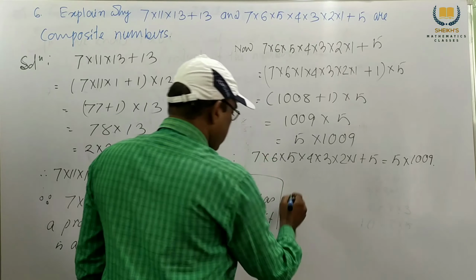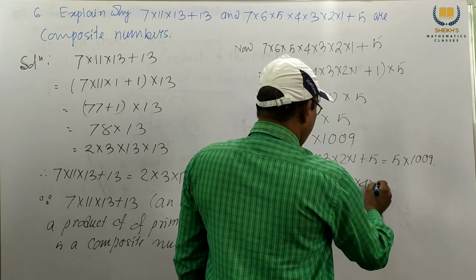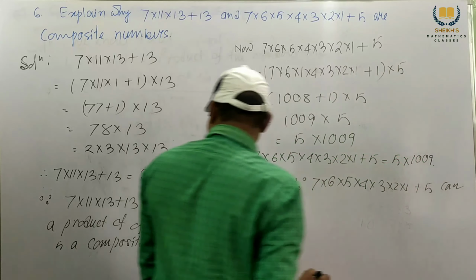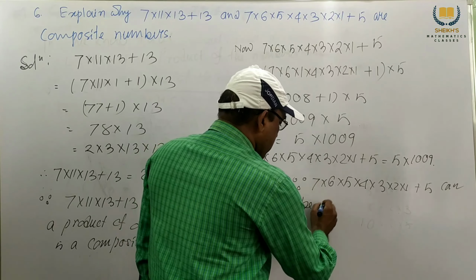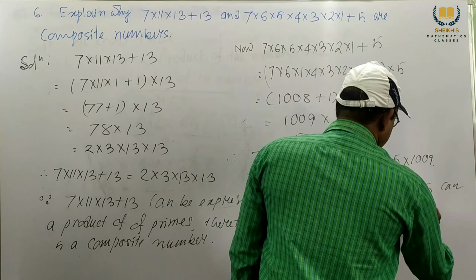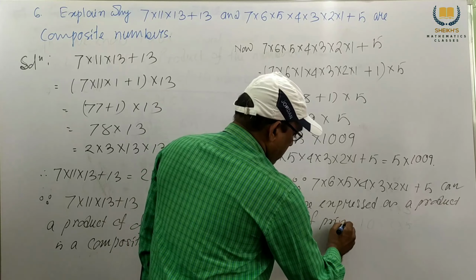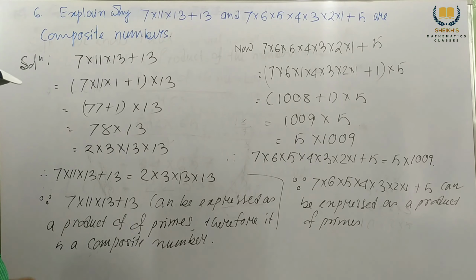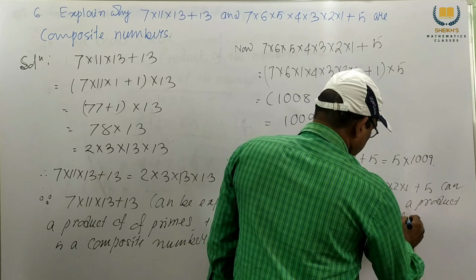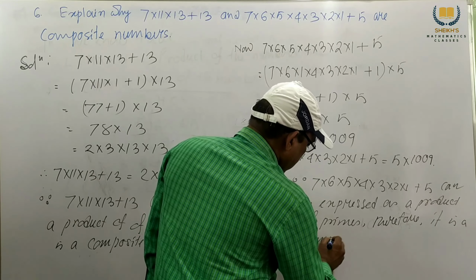Since 7 into 6 into 5 into 4 into 3 into 2 into 1 plus 5 can be expressed as a product of primes, therefore it is a composite number.